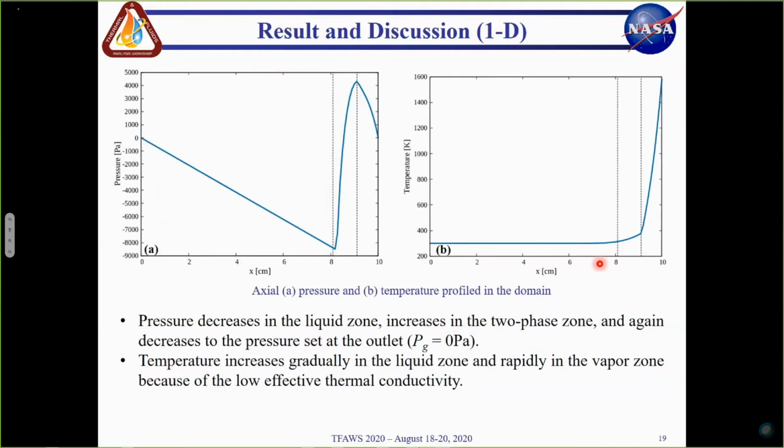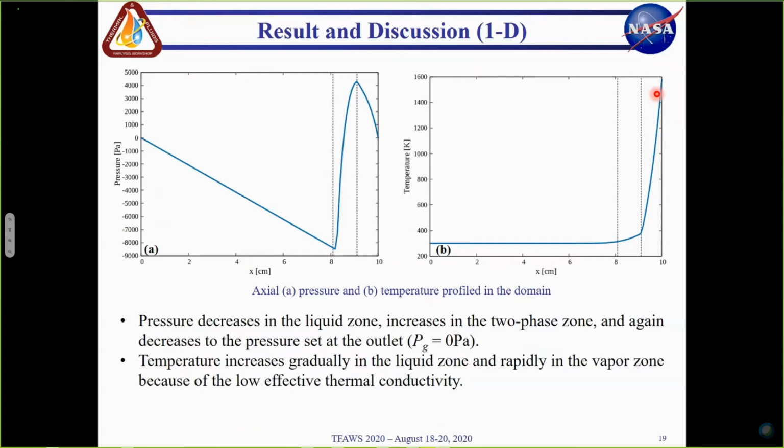Then this figure B shows the temperature profile along this simulation domain. The temperature increases gradually in the liquid zone as the effective thermal conductivity is high. The effective thermal conductivity is higher in the two-phase zone.